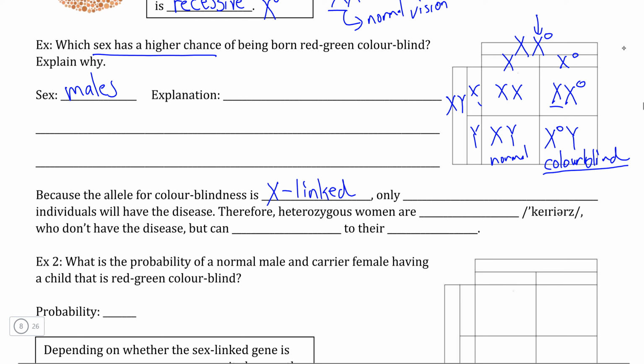Now, what this means is that the only situation where a female can experience red-green color blindness is if they end up with a copy of the X chromosome with the color blindness mutation from both of their parents. In other words, only females that are homozygous recessive in the case of the red-green color blindness condition will inherit the condition itself.